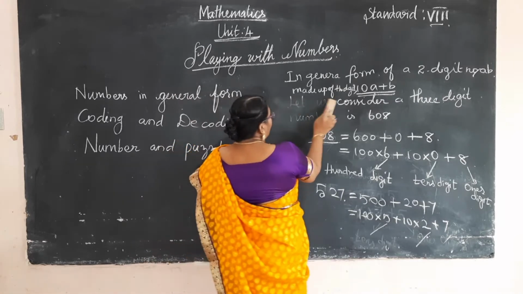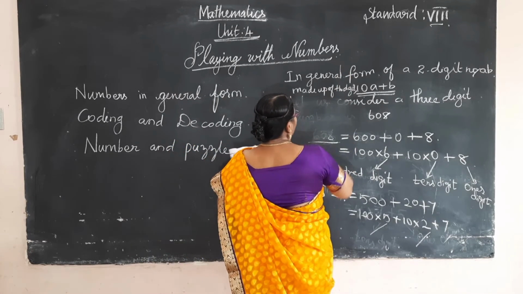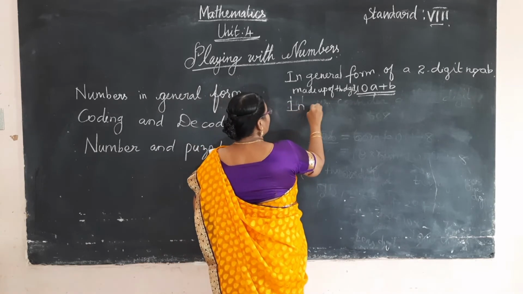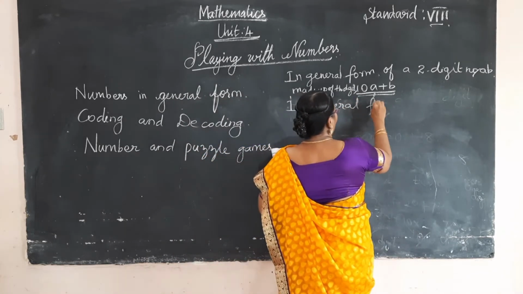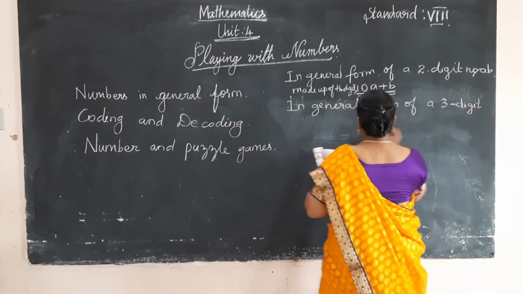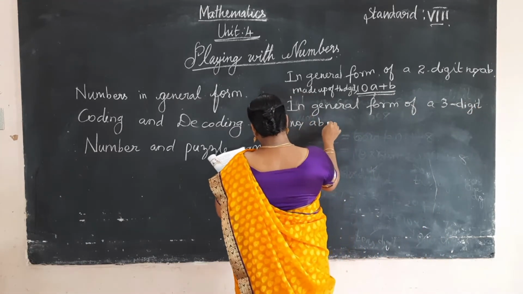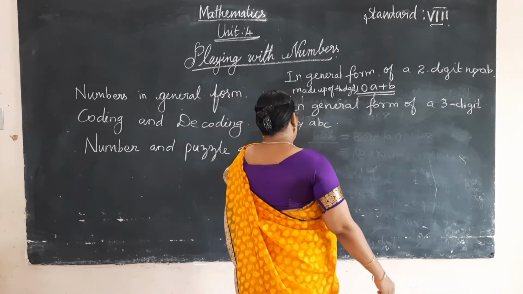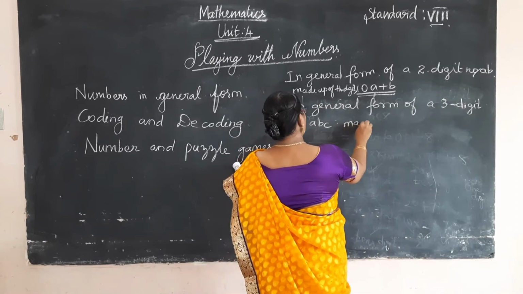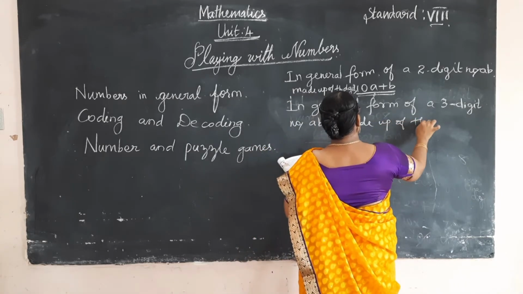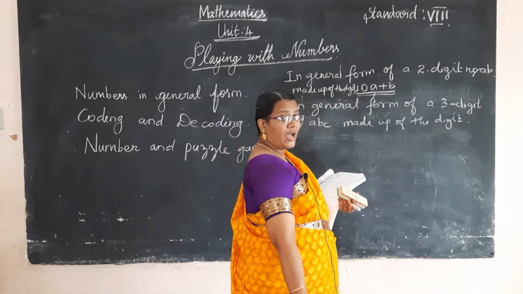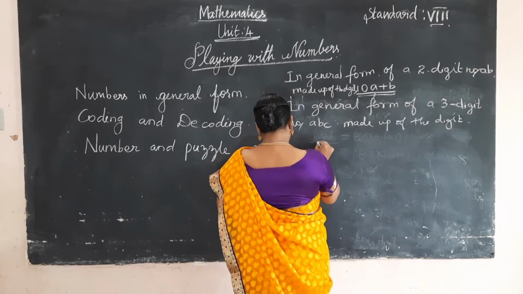Okay, so in general form of a 3-digit number ABC, okay, ABC is made up of the digits A, B and C. It is written as, how can you write?